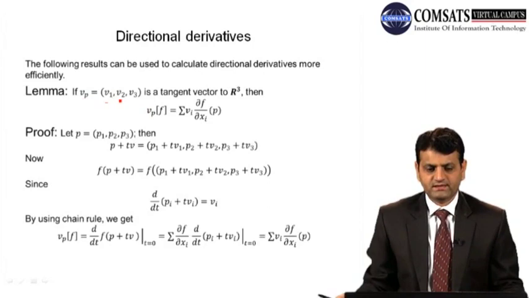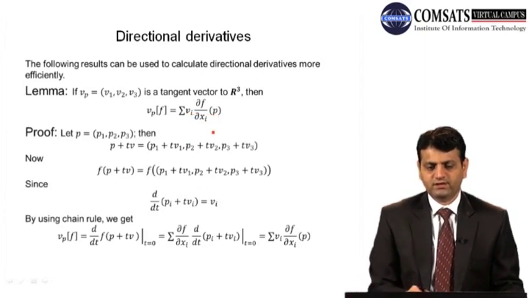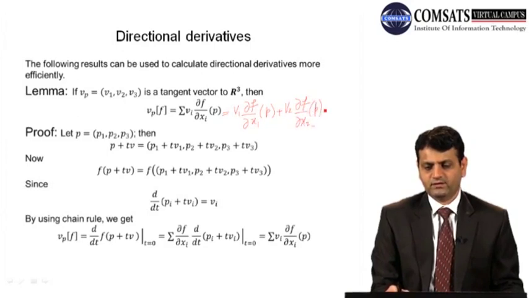If v_p is a vector, and this means that the initial point of the vector is p, and the vector form is given as (v1, v2, v3), a tangent vector to R3, then the directional derivative of f in the direction of v_p is v1 partial f by partial x1 of p plus v2 partial f by partial x2 at point p plus v3 partial f by partial x3 of p.